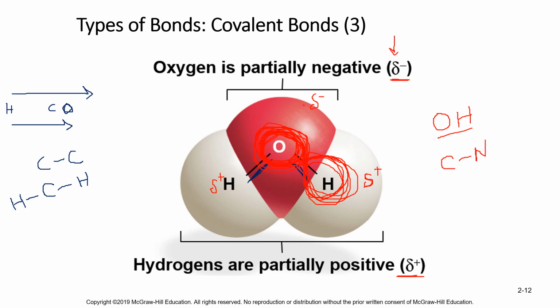Often it has hydrogens on both sides of it, so they balance out. So both carbon to hydrogen and carbon to carbon are examples of nonpolar bonds. If there's oxygen involved, it's almost always polar. The one exception is carbon dioxide, and it's again because it has oxygen on both sides of it. So the pull cancels out.